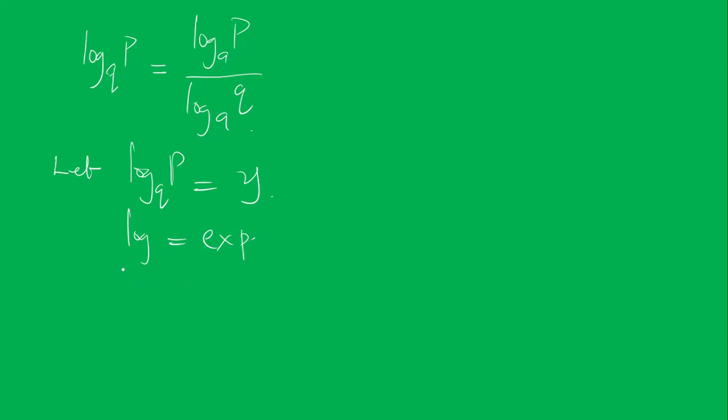Now let's say, for instance, you say log of a number, let me call it n, to base b is equal to, let me say, power or exponential. That is why log is exponential and exponential is log.